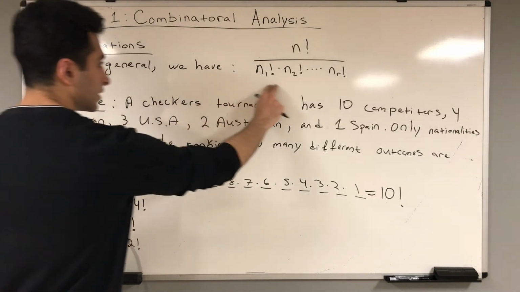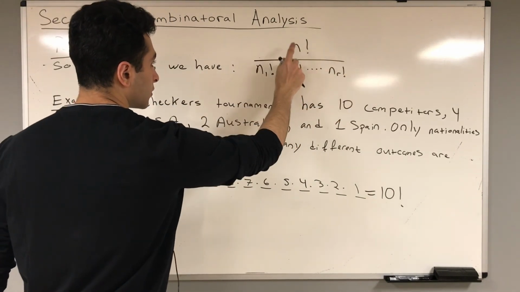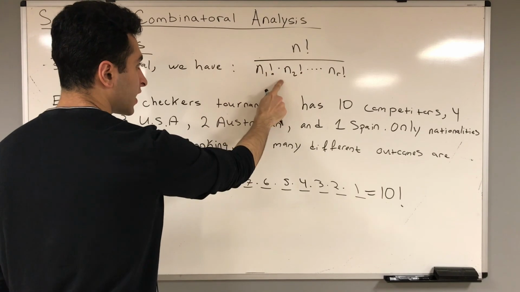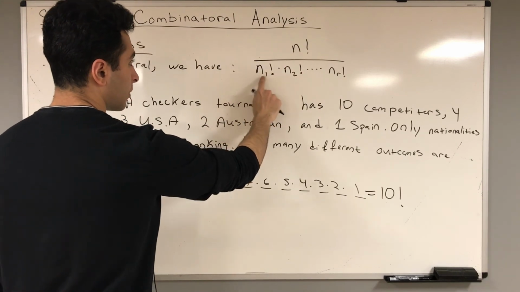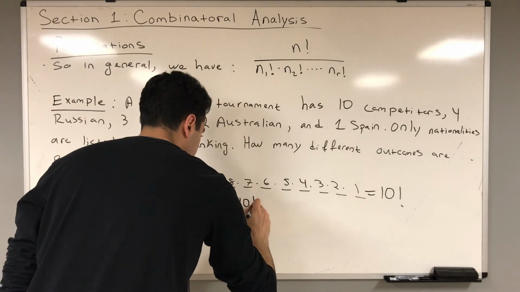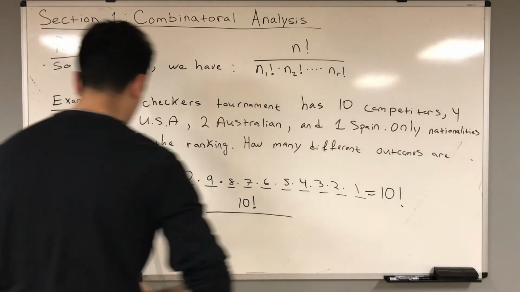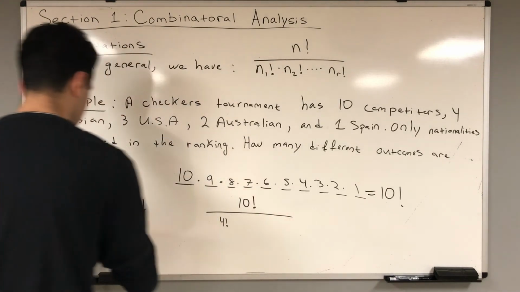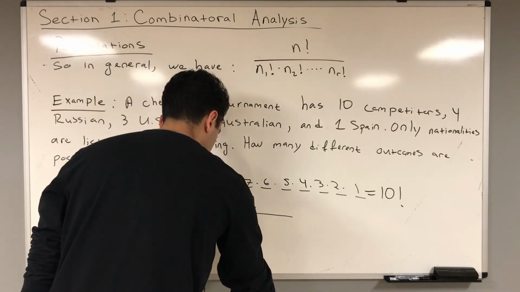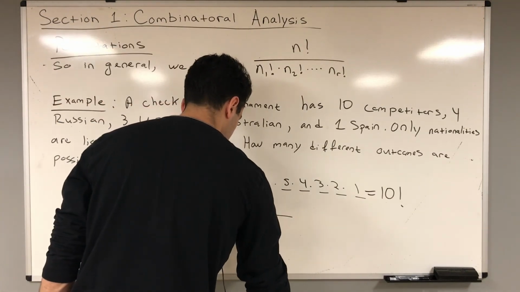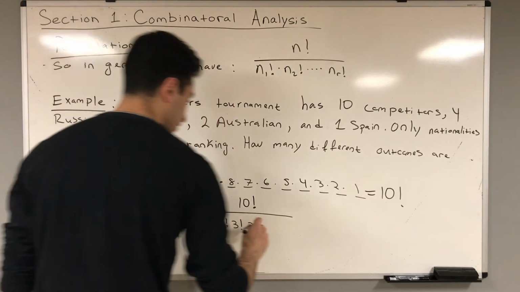So what does this say? We have to take the actual number of outcomes we would have had, but divide it by the overcounting and multiply them together. So what we should have is 10 factorial over 4 factorial times 3 factorial times 2 factorial times 1 factorial.